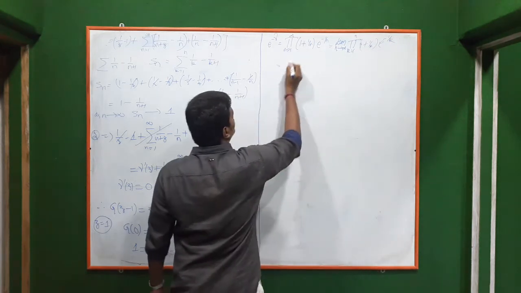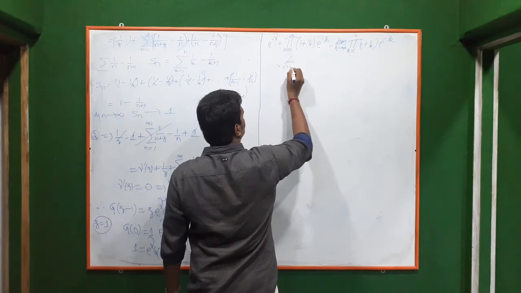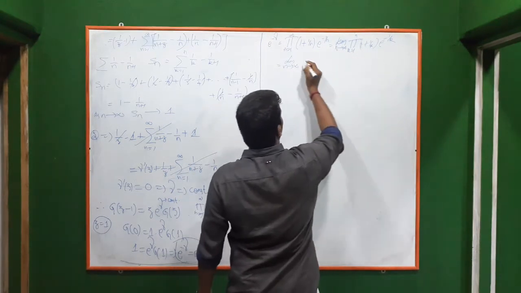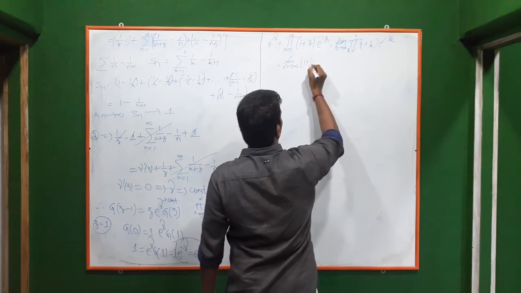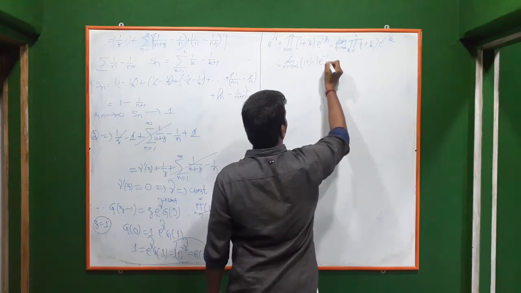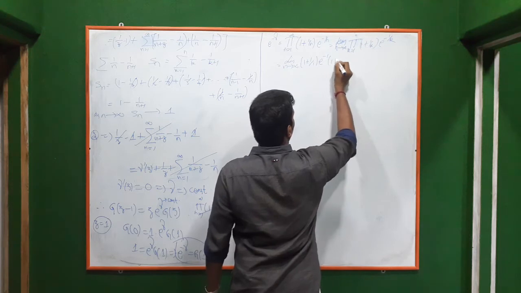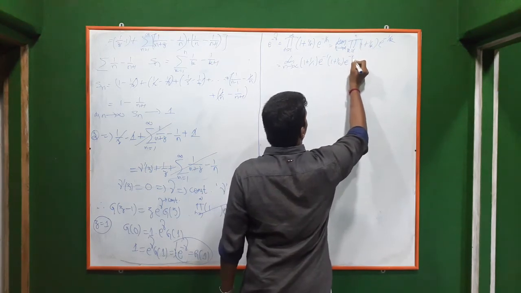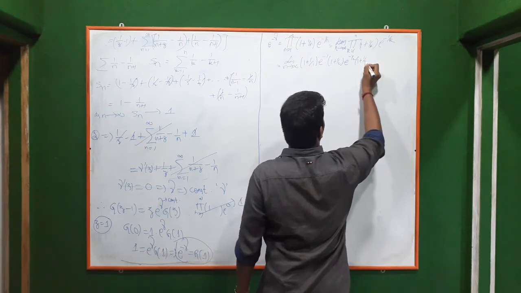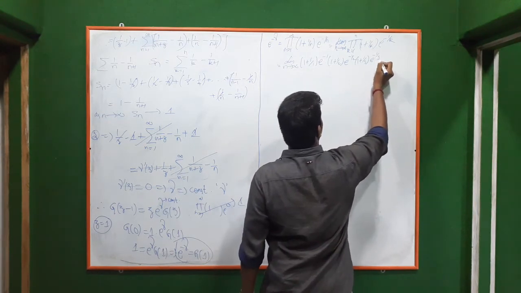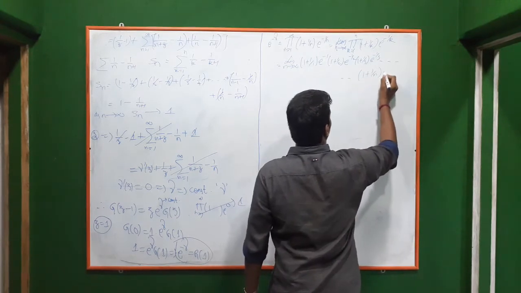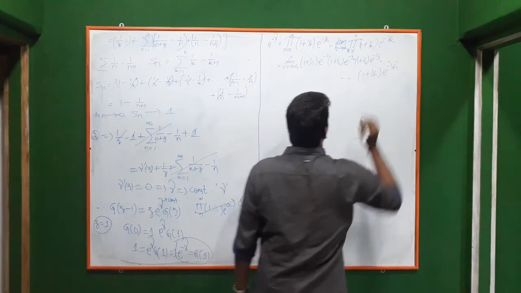So expand that. For k equal to 1 this will be 1 plus 1 by 1 into e power minus 1, into 1 plus 1 by 2 e power minus 1 by 2, 1 plus 1 by 3 e power minus 1 by 3, and so on. The last term will be 1 plus 1 by n e power minus 1 by n.